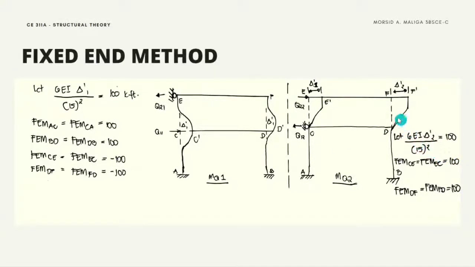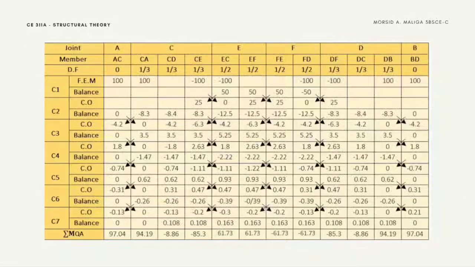Also, points DF and FD are equal, so it is positive 100. Those are the values that we are going to use in order to solve for the moments of our figure.